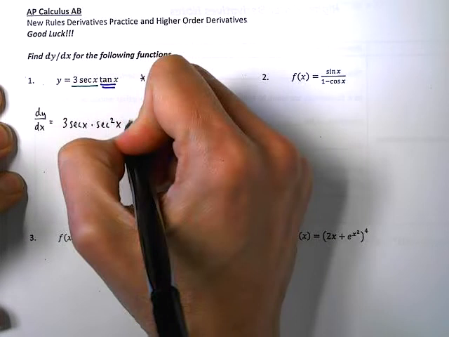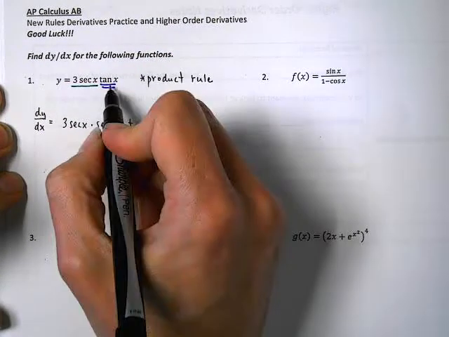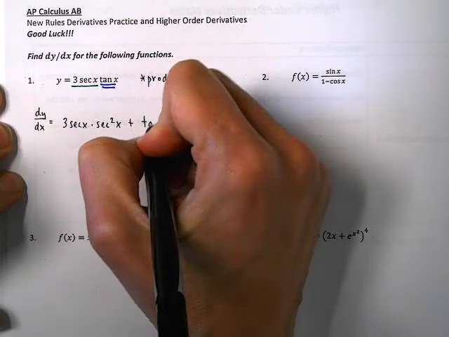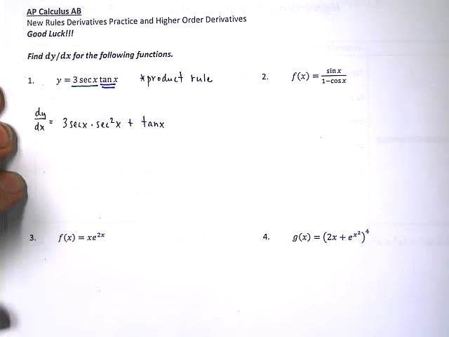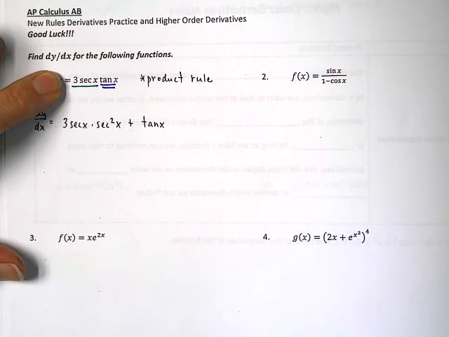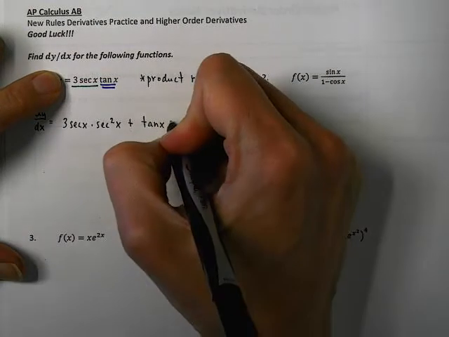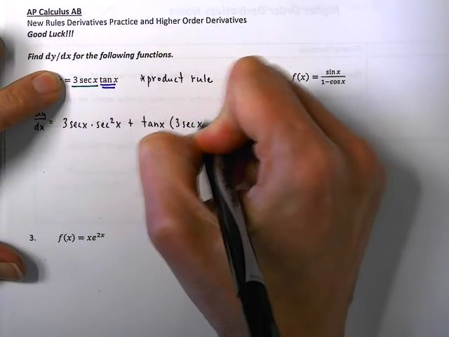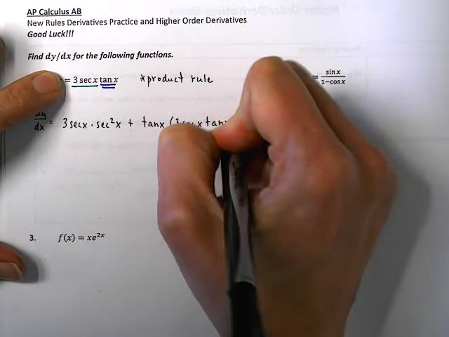And then I'm going to add, and I'm going to do the reverse. Now I have my second function, which is tangent of x, times the derivative of 3 secant of x. Now, derivative of secant is secant x tangent x, so my derivative is just going to be 3 times secant x tangent of x.